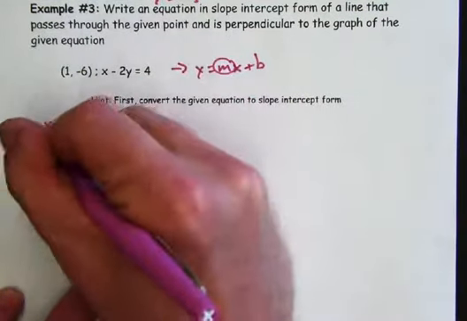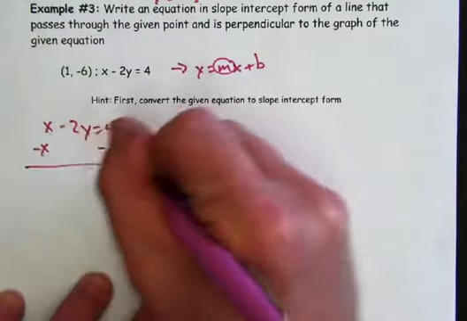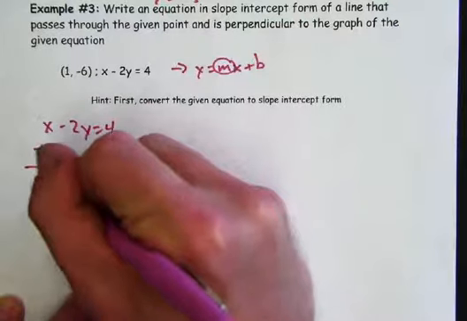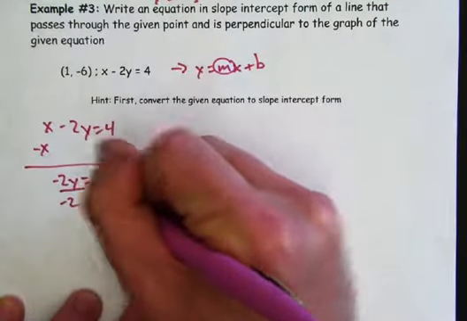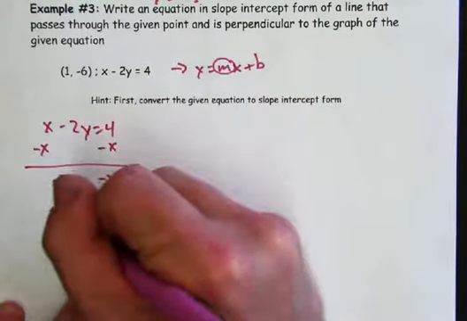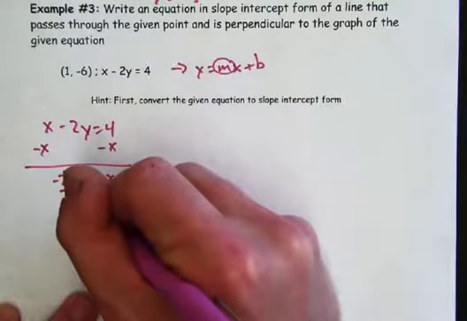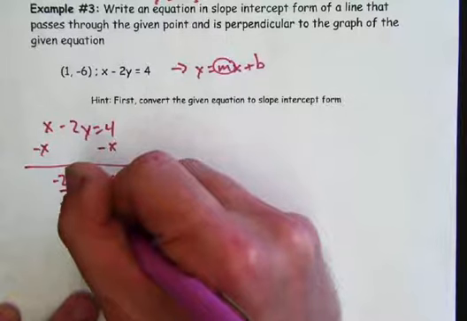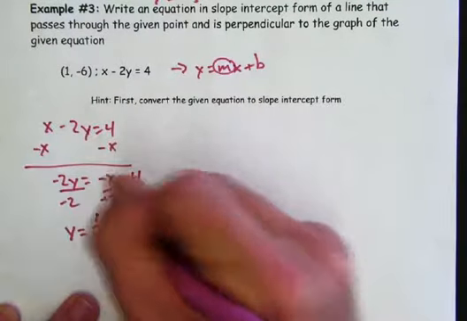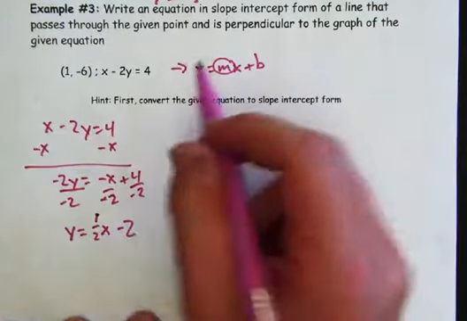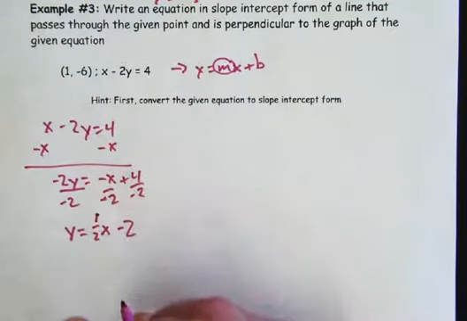We're going to solve for y, so I'm subtracting x from both sides. I get negative 2y equals negative x plus 4. Divide by negative 2 across the board. And I get y equals negative x divided by negative 2, which is positive 1/2 x, and 4 divided by negative 2 is minus 2. So here is the equation of this exact line in slope-intercept form.